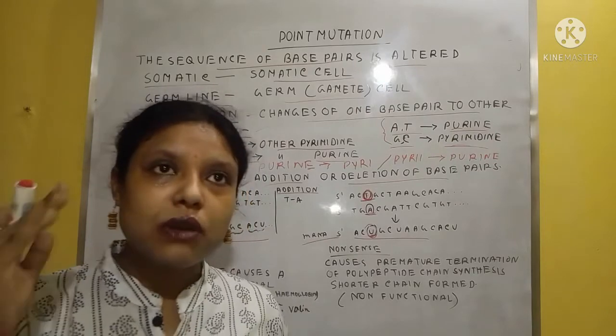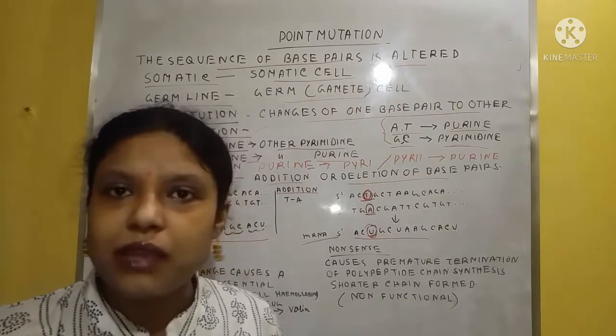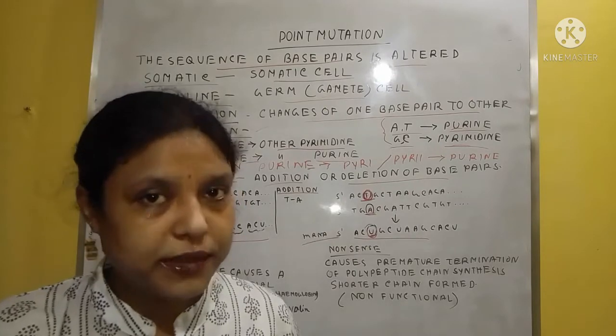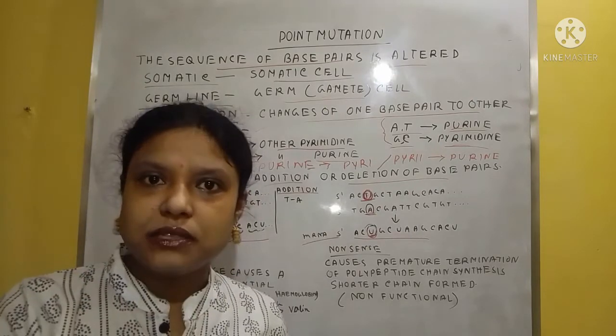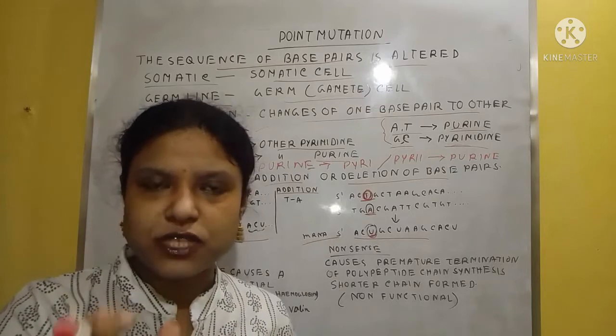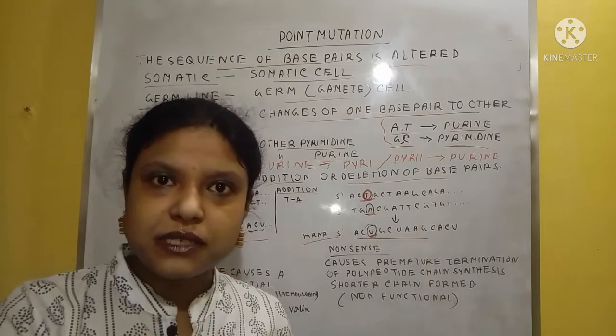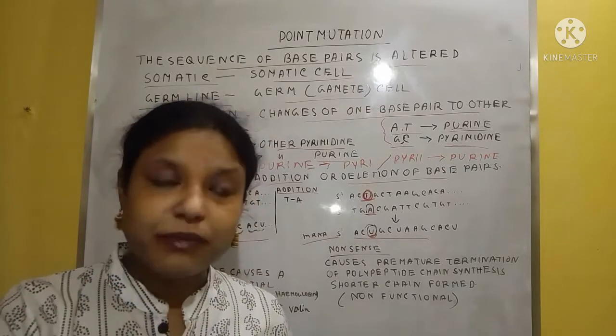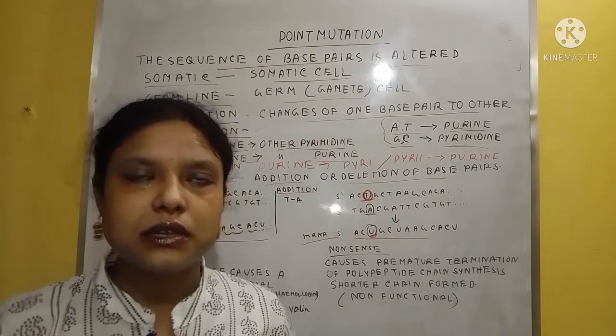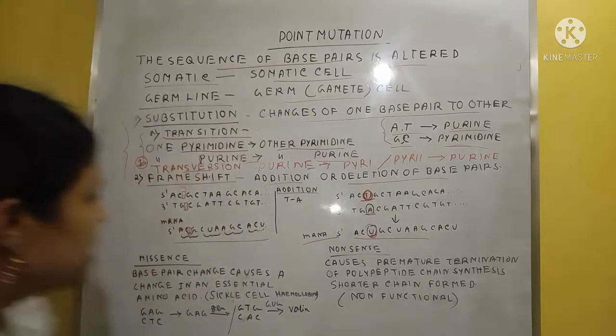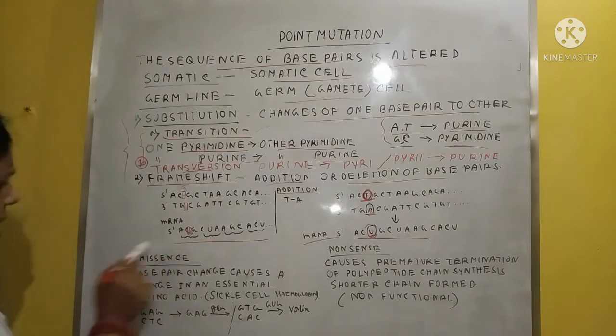Clear? So every amino acid is very important for our body. If any change is possible in the amino acid groups due to mutation, that's why a disorder may be seen in the body. Clear? So this is the example of missense mutation.